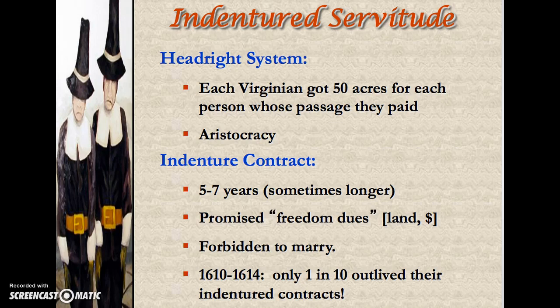They were not allowed to marry, and only 1 in 10 indentured servants actually outlived their contracts during 1610 to 1614. We're talking very, very difficult lives. And I also want to stress that the indentured servants during this time were white as well as black. All right. So some of them came from Africa, but a lot of them were actually just poor Europeans, poor people in England.